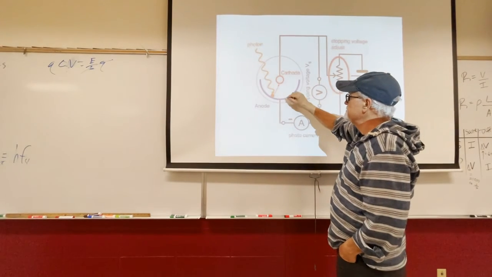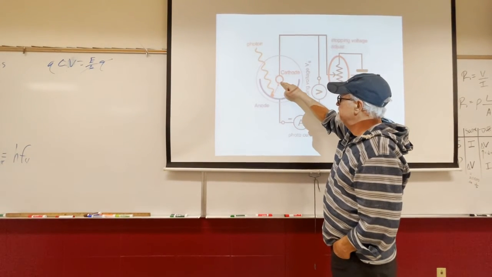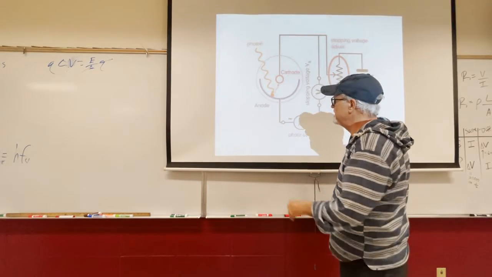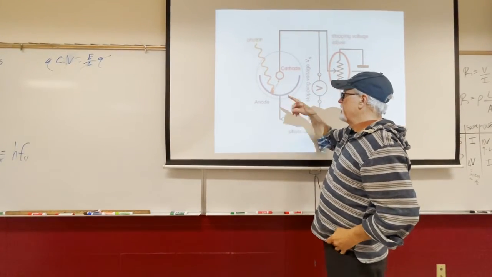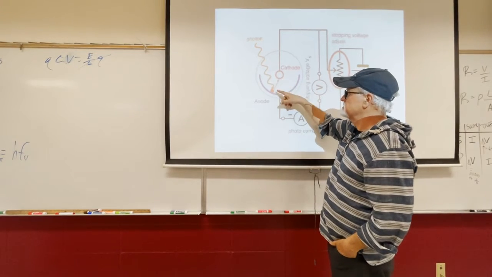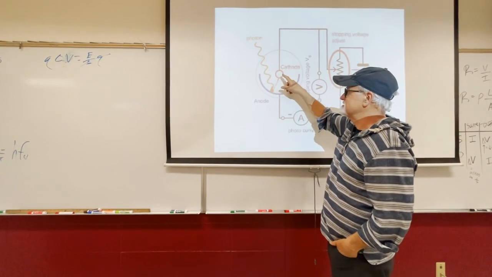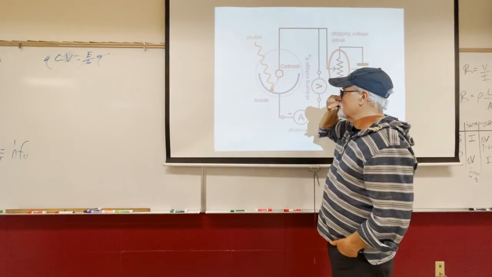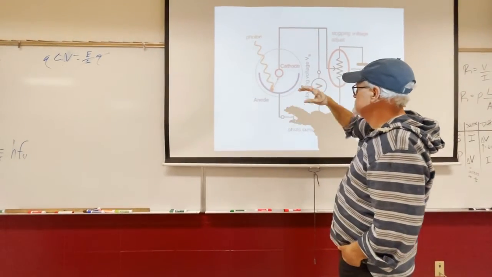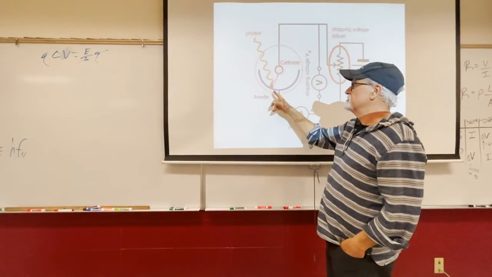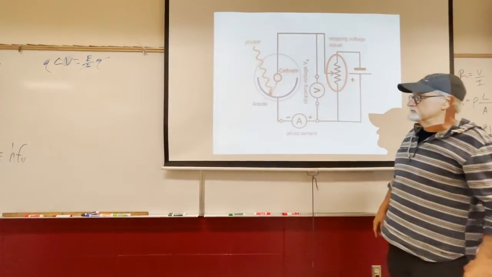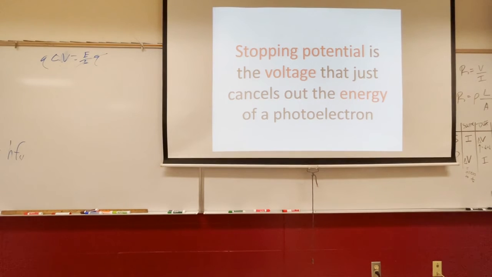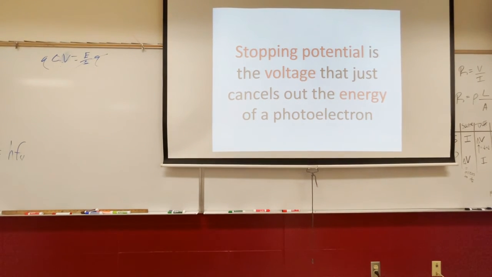You want to make this negative and this positive very slowly until, for the same amount of light, fewer and fewer electrons make it over to the cathode because it's getting more and more negative and this is more and more positive. That stopping voltage is where the electrons no longer have enough energy to overcome the potential difference. So that's called the stopping potential, the voltage that just cancels out the energy of a photoelectron.